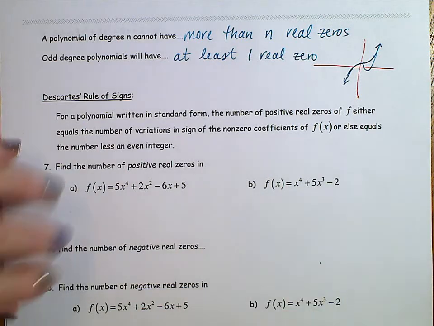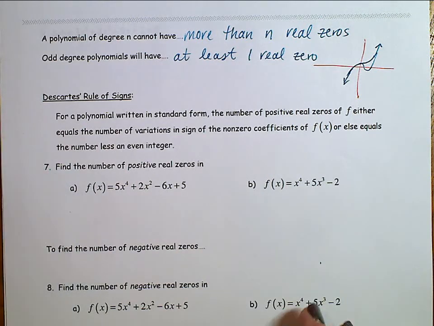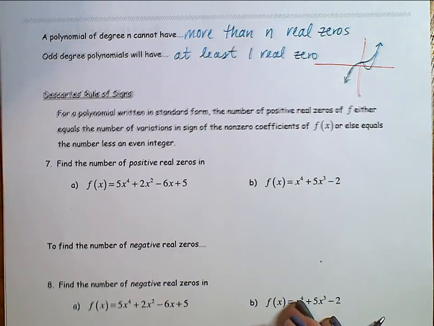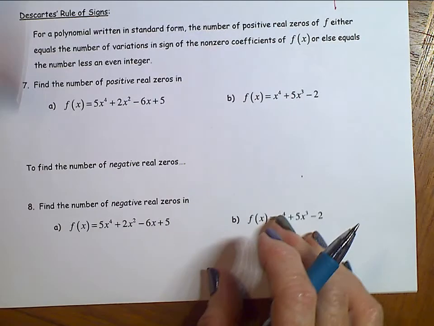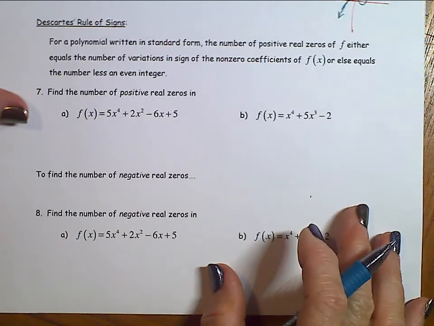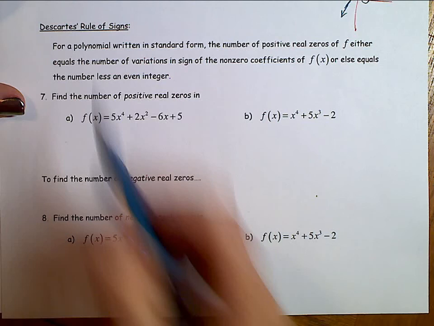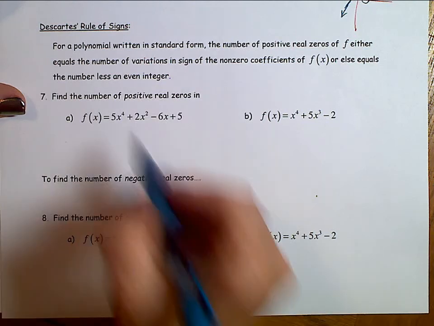All right, now, we are interested in finding some information about the possible zeros here. So we have this idea from René Descartes, and he came up with this rule of signs. And here's what it says.